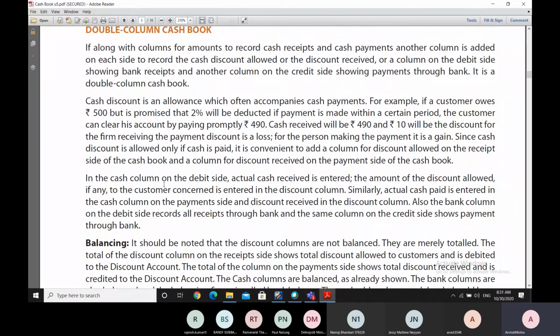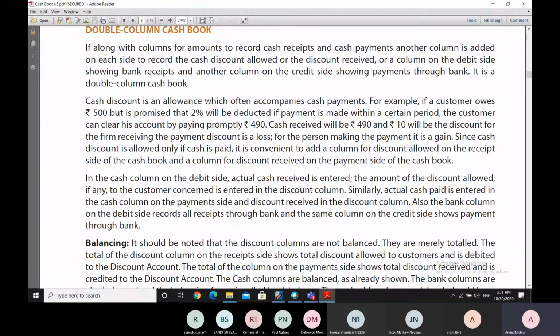Now in the cash column on the debit side, we will write the actual cash which is received always, and the amount of the discount allowed, if any, to the customer will be entered in the discount column. So in the above example, 490 will be the cash received and 10 rupees will be the discount allowed.